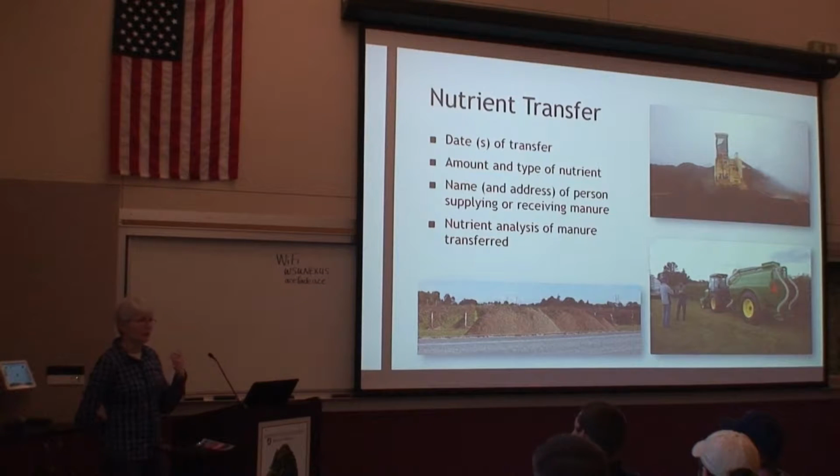We're now collecting this during our routine inspections. All of this information is coming in during a routine inspection. So you're not getting that extra little piece of paper every other year for telling us where your manure is going. So date of transfer, how much you moved, what was it, who received it, and you are supposed to have a nutrient analysis of the manure transferred. If whoever you're transferring that manure to asks for it, you should be able to hand them that nutrient analysis.